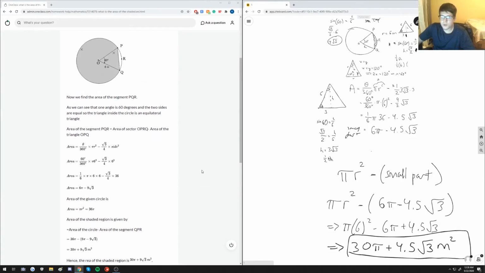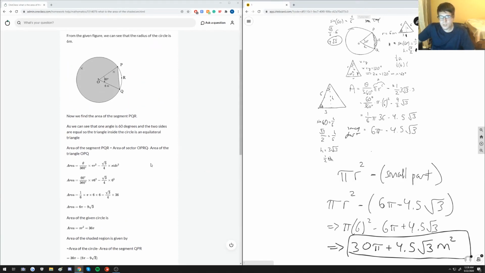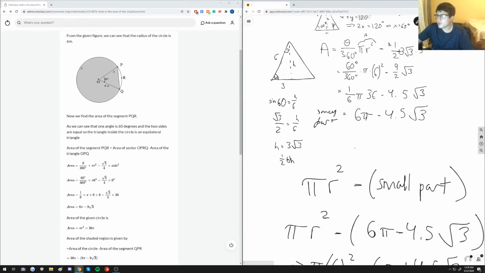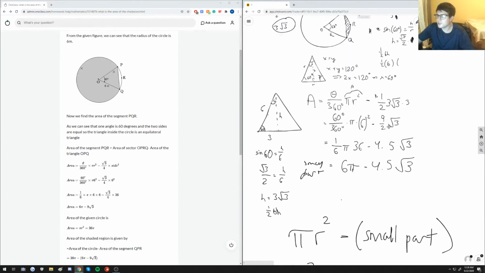So I am just going to look over this one more time because I like to be certain. So times side squared. Okay, yeah, sorry guys. So I only found the area of a single triangle here.